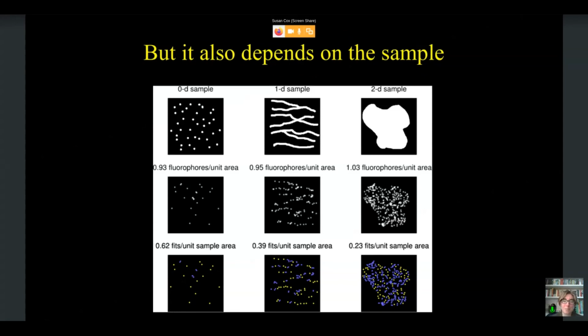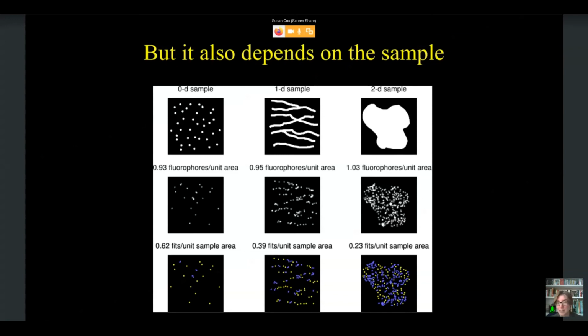So being a physicist, I started out from a very simplistic view of thinking about three different types of sample: a zero-dimensional sample where we had just very small clusters that were well spaced, a one-dimensional sample where we have something linear like microtubules, and a two-dimensional sample where we have something that's distributed over 2 dimensions at the scale of the point spread function.